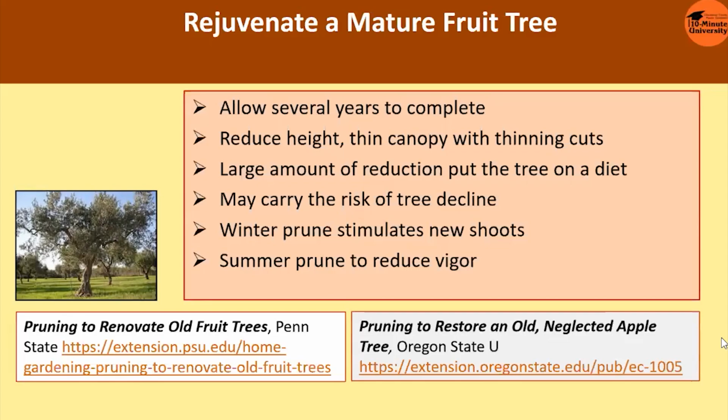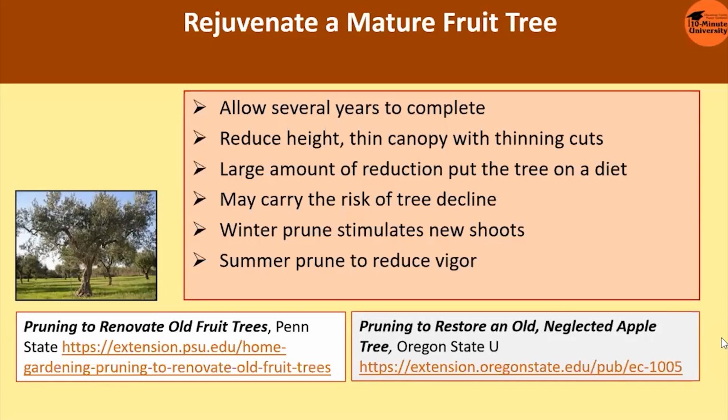But what we do in the height reduction and thinning of the canopy will put the tree on a diet. And if the tree is not very healthy to start out, this may be the beginning of a downhill decline in your tree. So there are definitely risks associated with them.